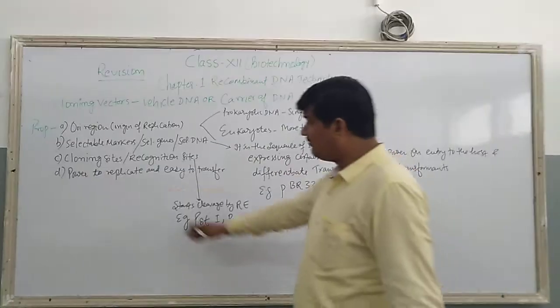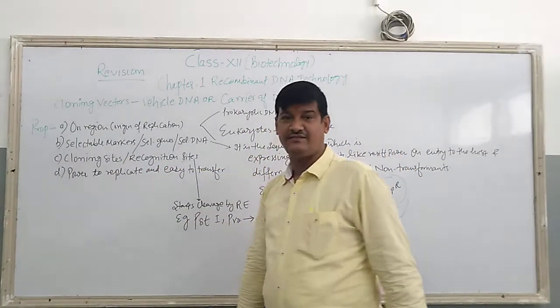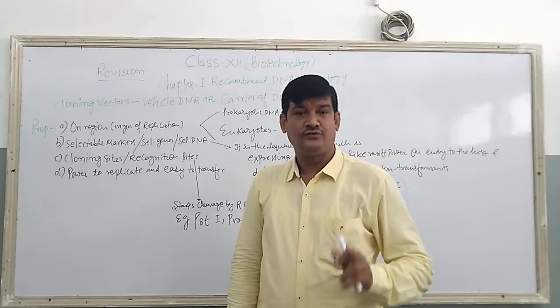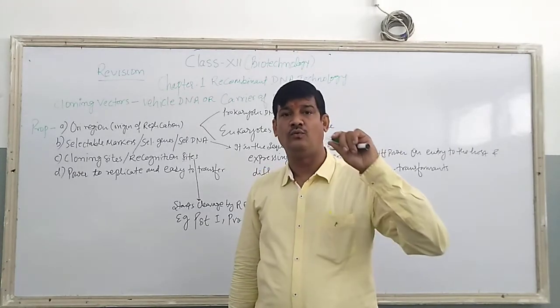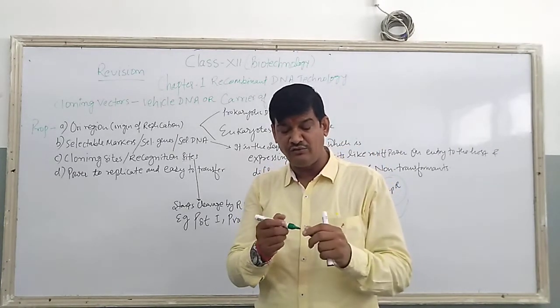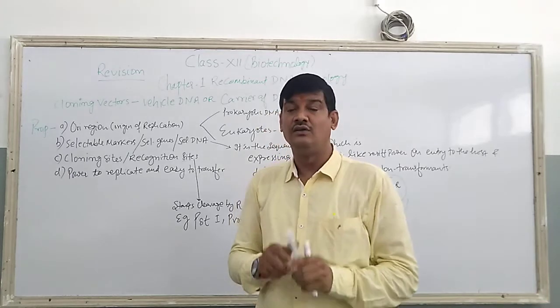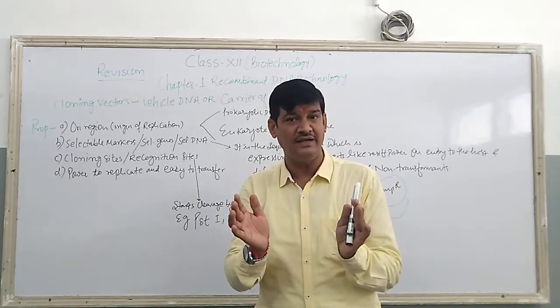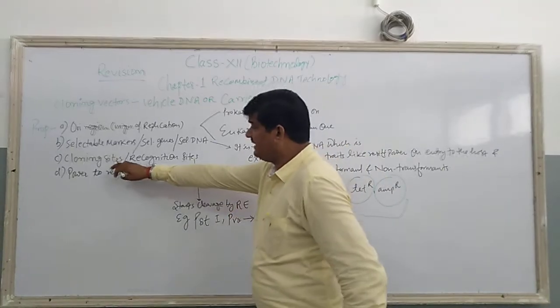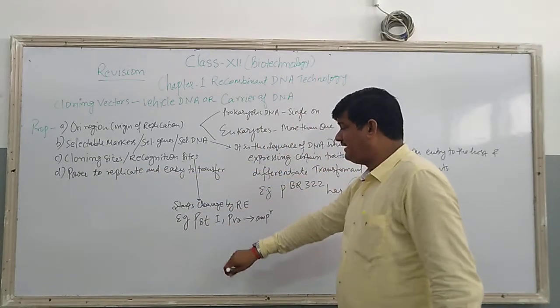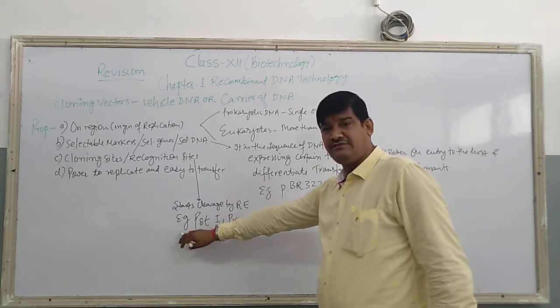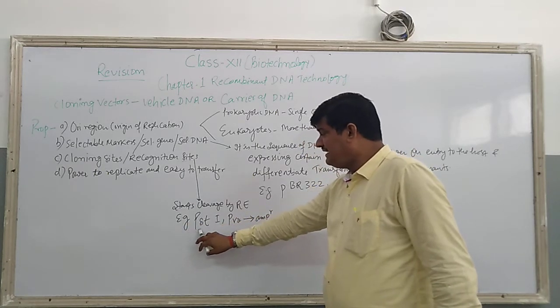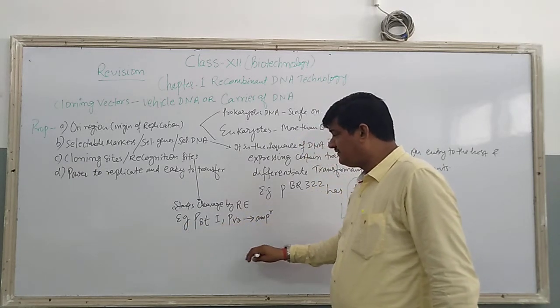Now next is the cloning sites. There should be a point where restriction endonucleases will work. The function of restriction endonucleases is to cut the DNA fragment. Let me just give an example: PstI and PvuI.